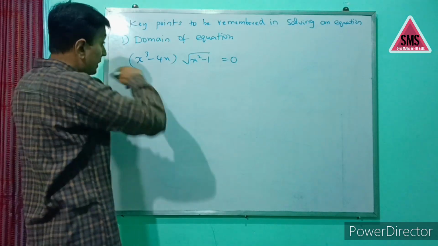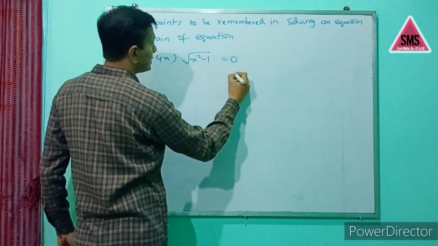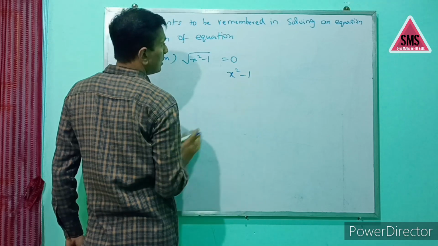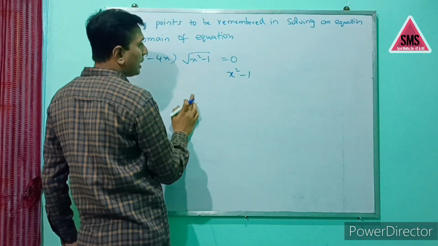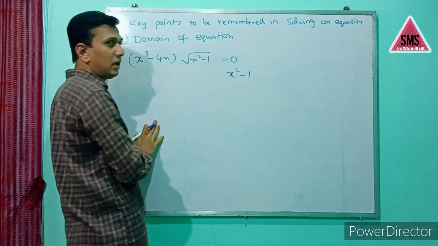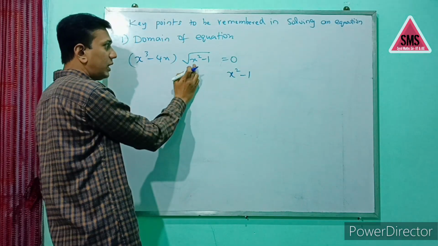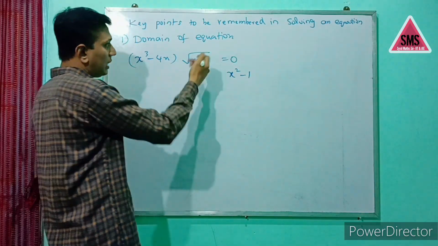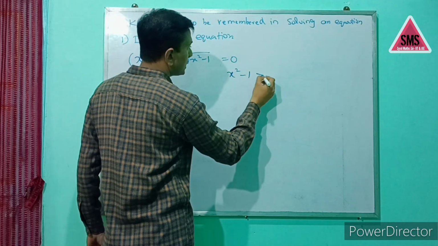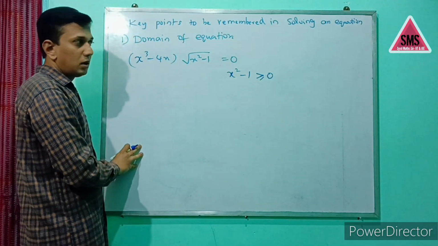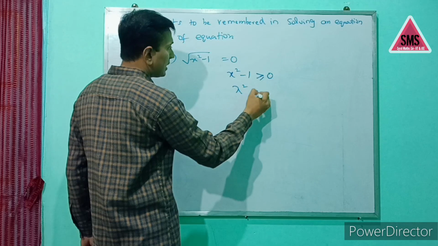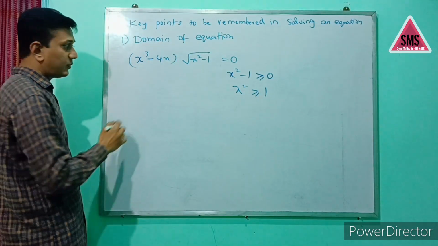So what I have to do is take this x square minus 1, and whatever value we get, it should be positive, or it can be equal to 0 also. If I keep 1 here, 1 minus 1 is going to be 0. I am still getting the solution. So it must be greater than or equal to 0. Then x square is greater than or equal to 1. Then what will be the x value?